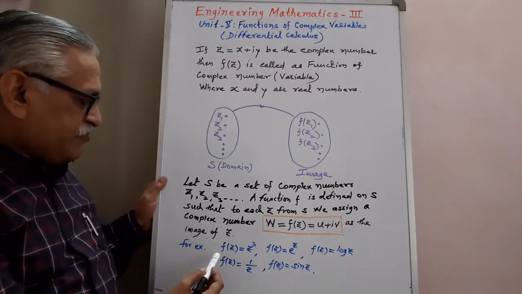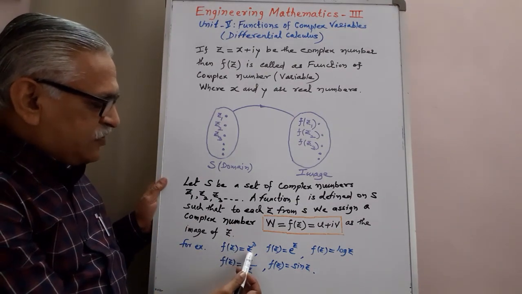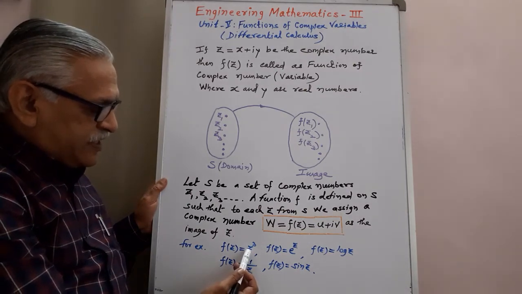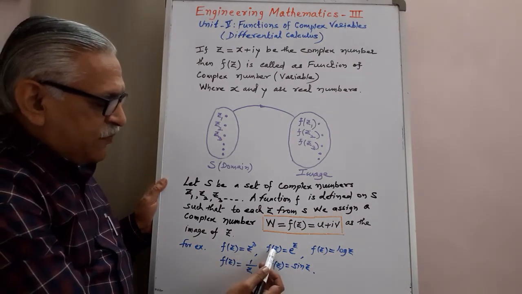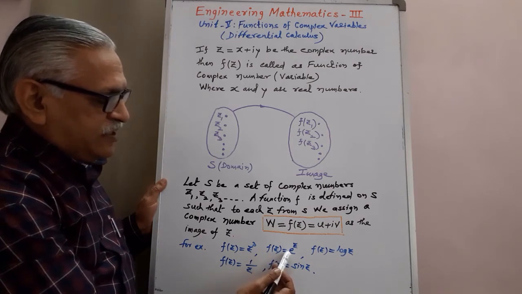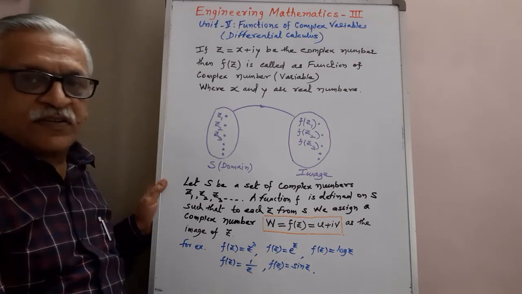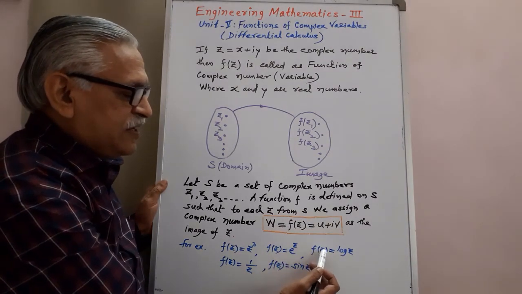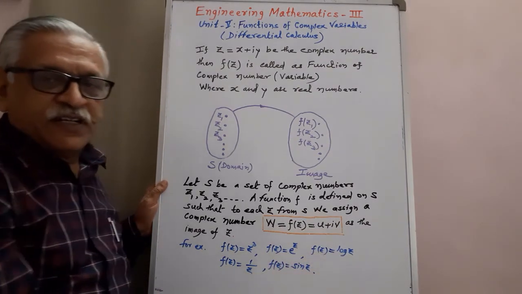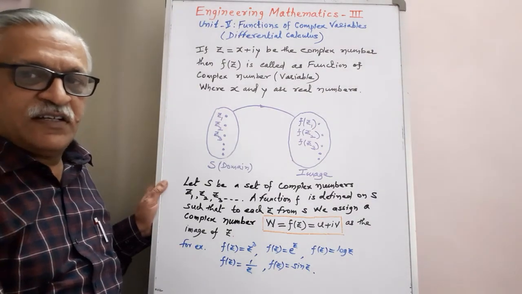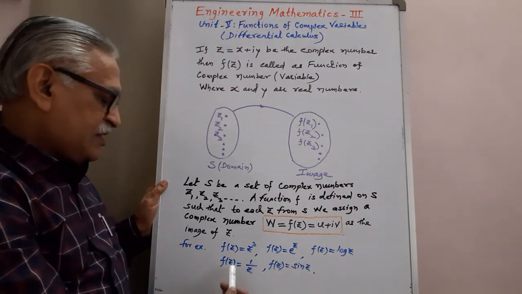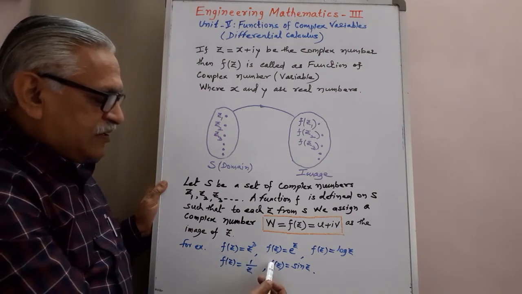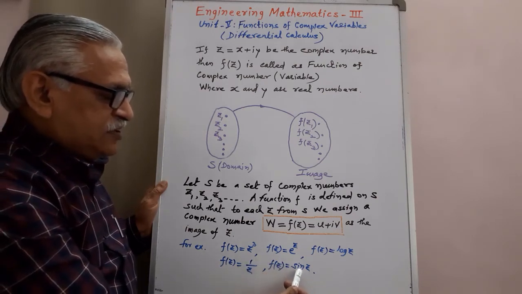For example, f of z equals z cube is a function of complex number z, or f of z equals e raised to z is another example of a function of complex variable. Third example, f of z equals log z. Here log z is a function of that complex number. f of z equals 1 by z. f of z equals sin z.